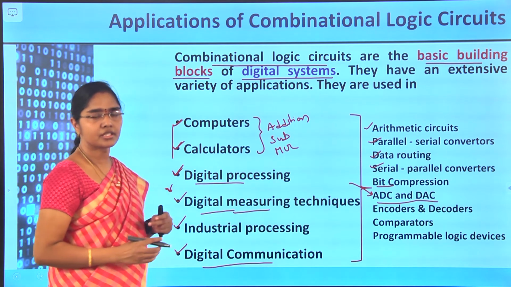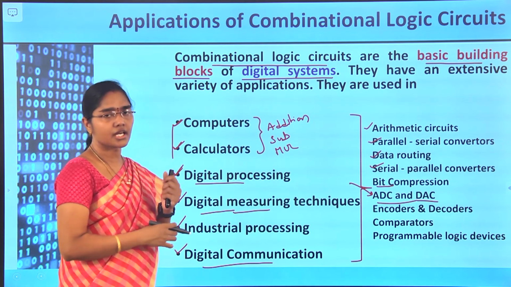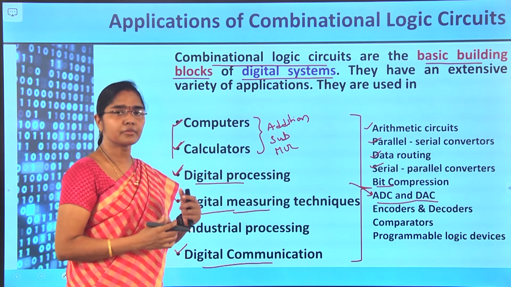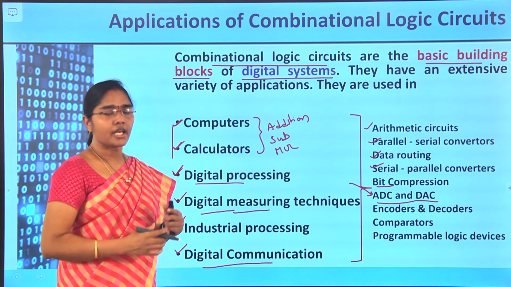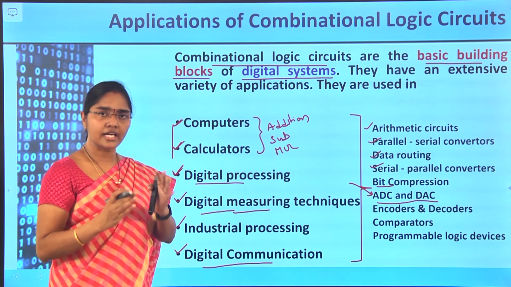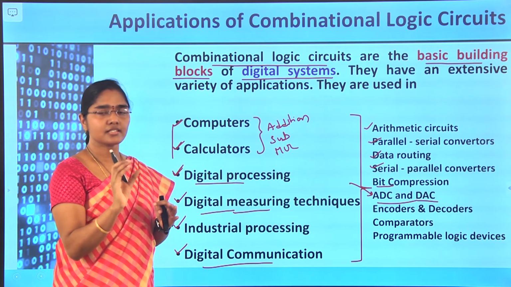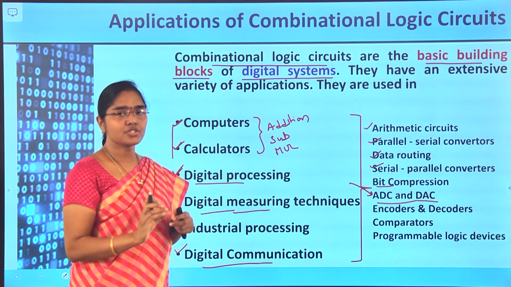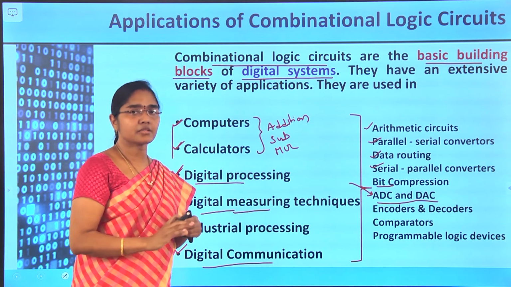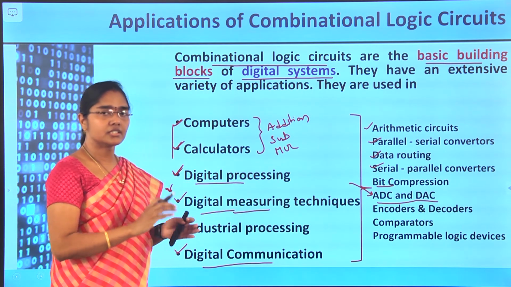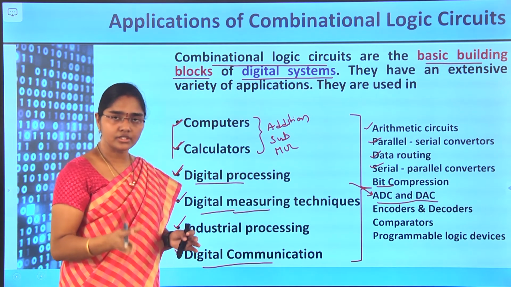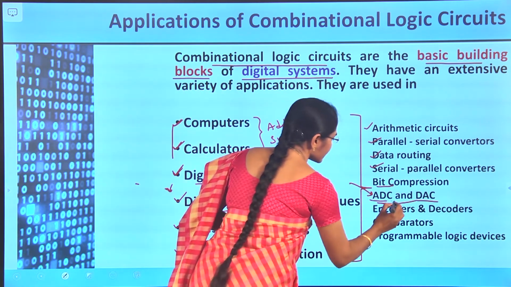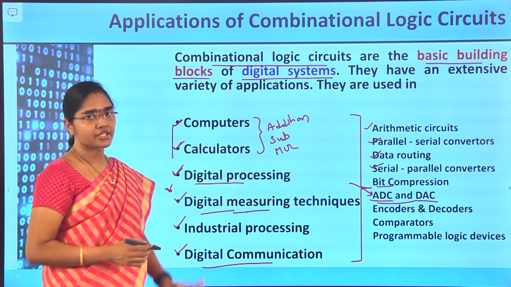For example, if we want to measure our heartbeat or blood pressure signal, these signals are available as analog signals, and they are seen as digits, like 93 or 84. That digit representation is the digital representation. For that, the analog signal has to be converted into digital, so analog to digital converters are the circuits which perform that action.